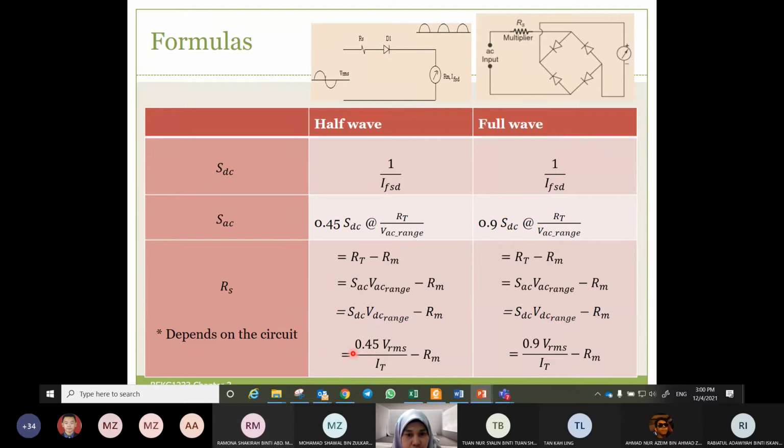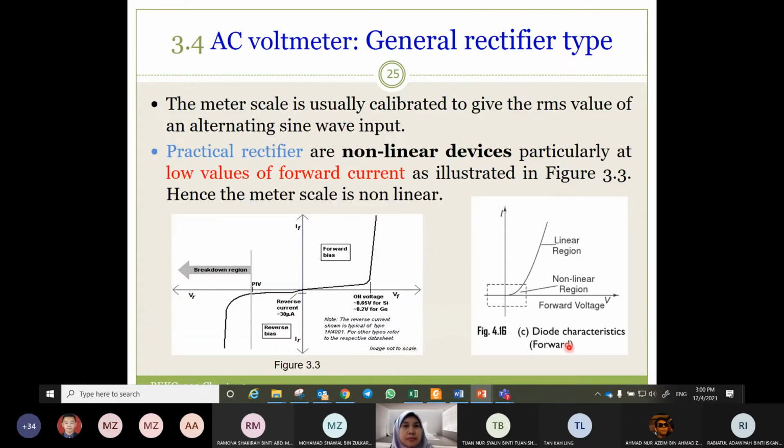Or 0.45 V RMS divided with I total. So this is AC, RMS is AC. Or here for full wave, 0.9 V RMS.